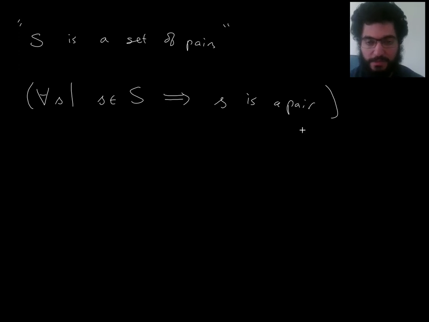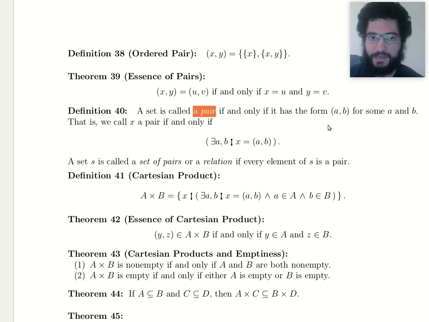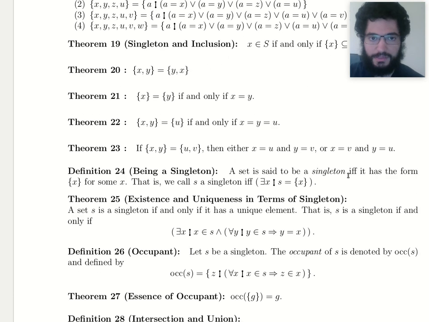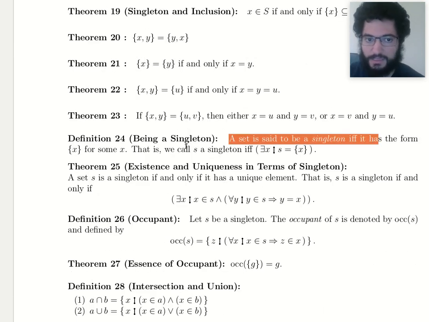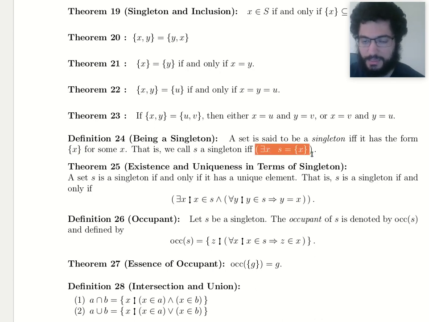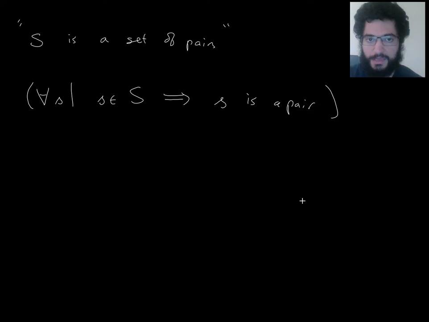And then "is a pair" is also defined here. We say a set is a pair if it has the form of the pair. This is a lot like earlier, the idea of being a singleton. A set is a singleton if it can be written as singleton x for some x. So it's an existential kind of thing. To be a pair means there exist A and B so that you end up being equal to the pair AB.